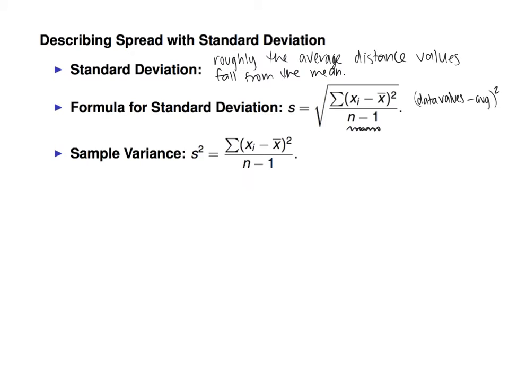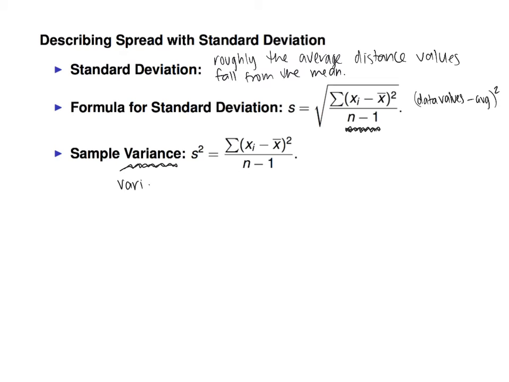And the reason it's n minus 1 is kind of complicated. We're not going to go over it in this class. So it is just number of observations minus 1, and the standard deviation is the square root of that. It's very related to a thing called the variance. Notice that the sample variance is just the standard deviation squared, as in we took this expression and squared both sides. That gives us this.